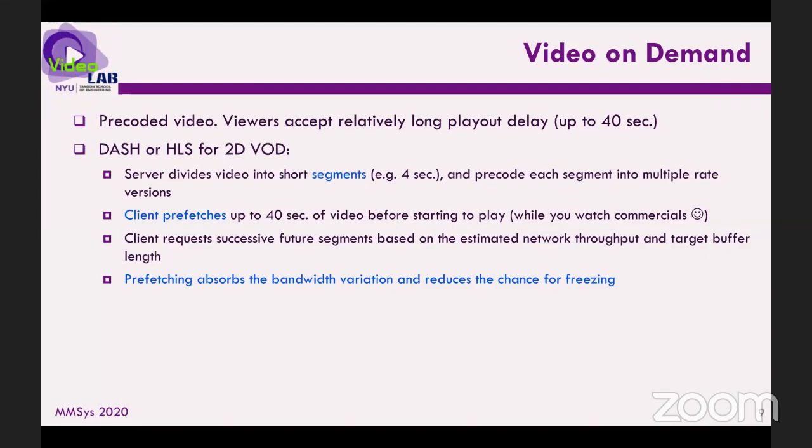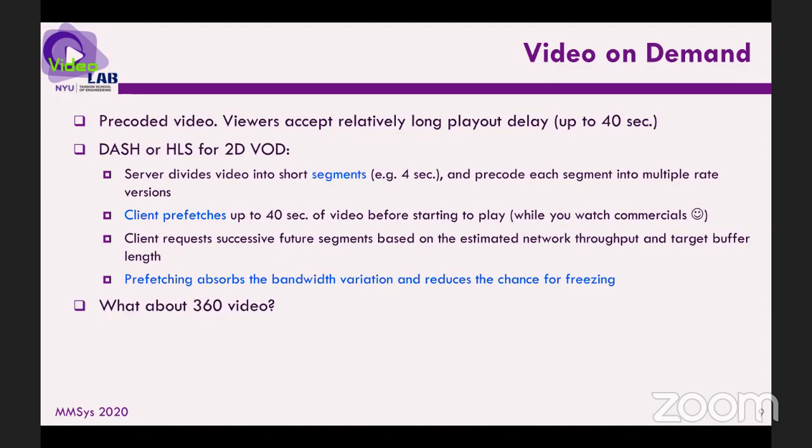And typically, the client prefetches up to, for example, 40 seconds of video before starting to play. Then the client requests successive future segments based on the estimated network throughput and target buffer length. It's important to note that prefetching absorbs the bandwidth variation and reduces the chance for freezing.